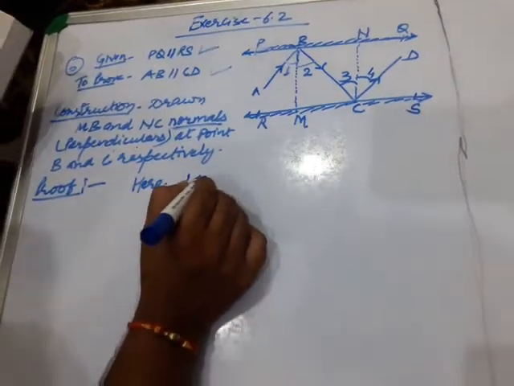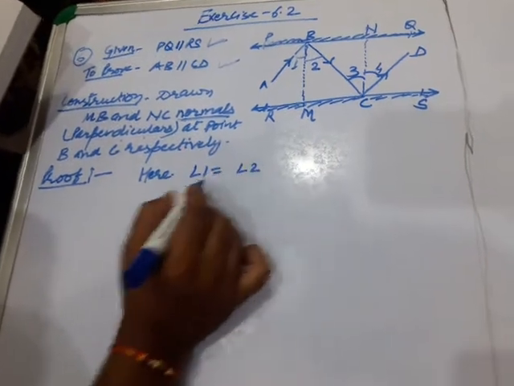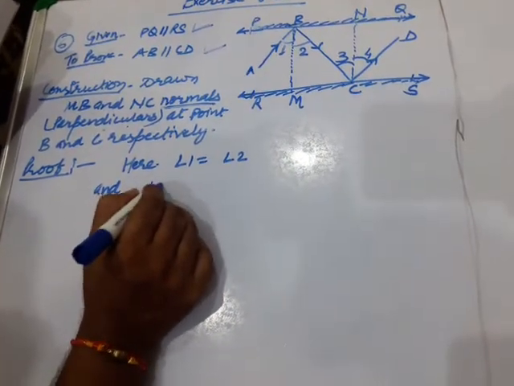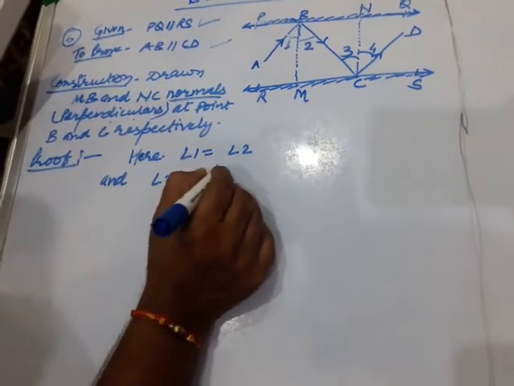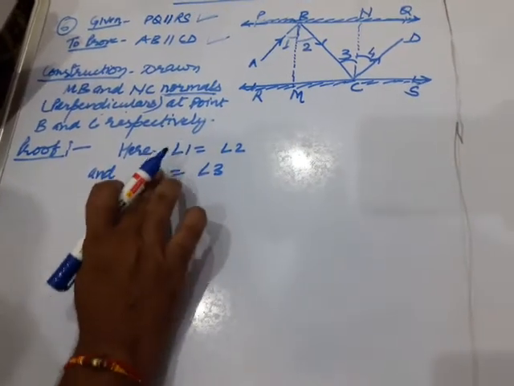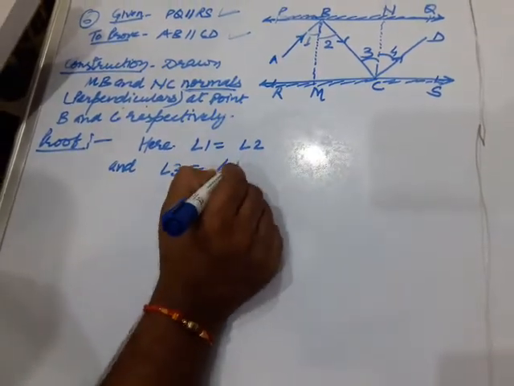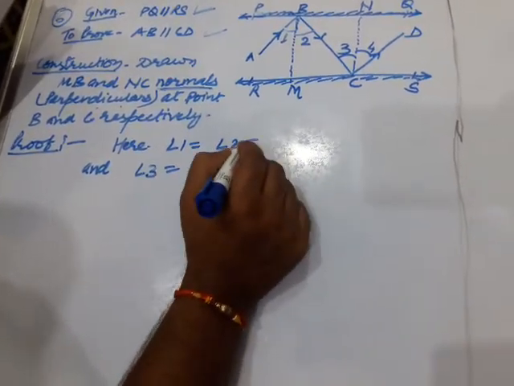Proof, children. Here angle 1 equal to angle 2, and angle 3 equal to angle 4. Why?